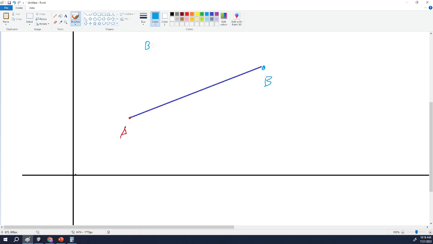But one important thing here is, which one are we subtracting from whom?